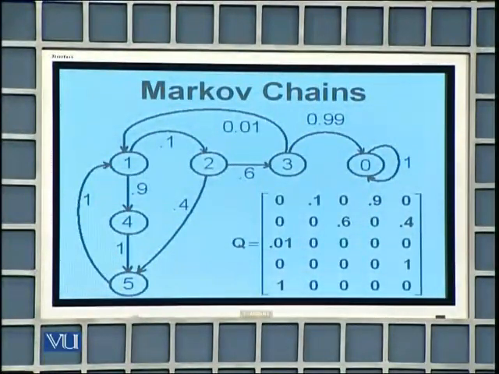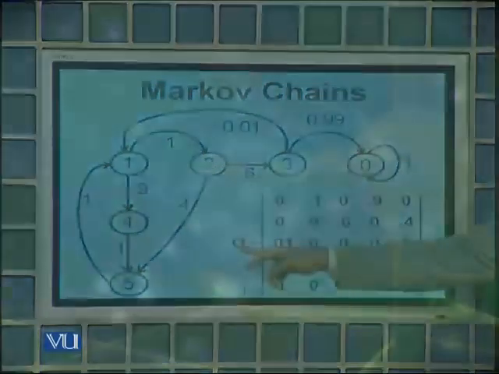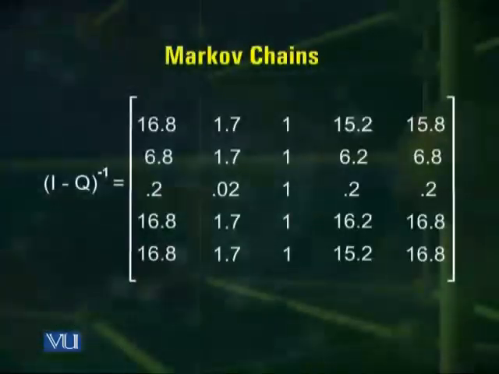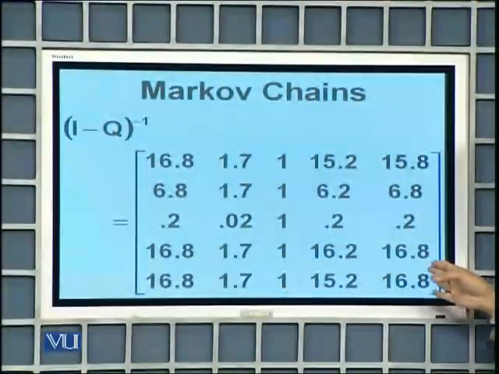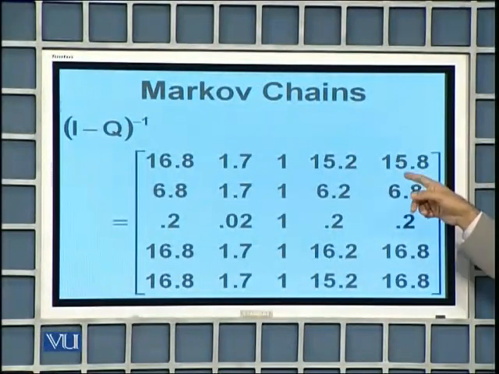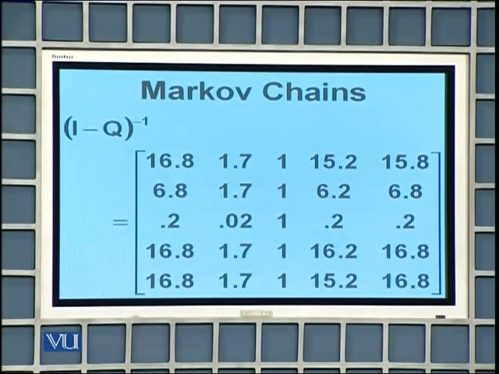We are going to take the inverse of I minus Q, and it comes out to be this matrix with entries which are fractions. They have fractional elements as well as integer elements, so they are real valued numbers.